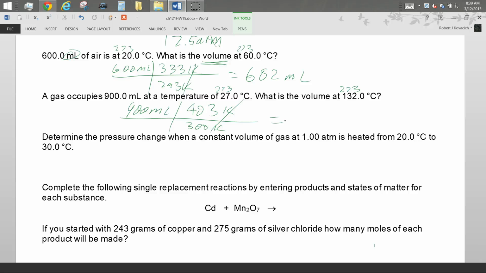Oh yeah, sorry. 405. 1215. So really 1220 milliliters for SigFix.